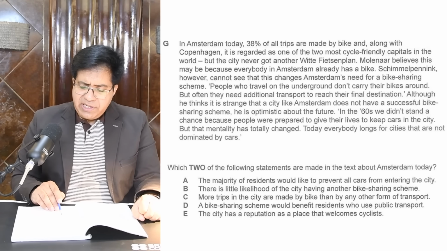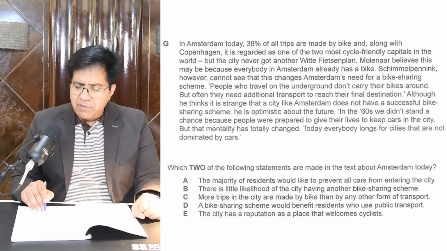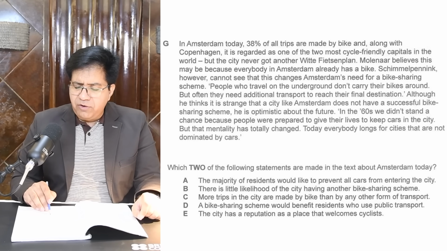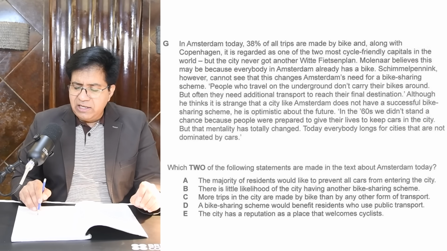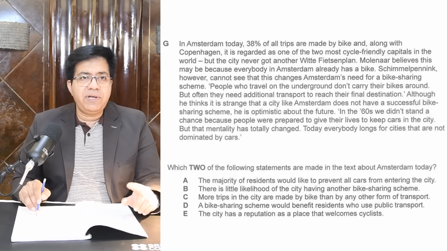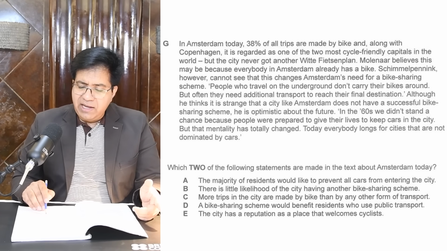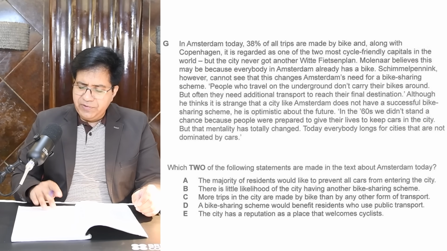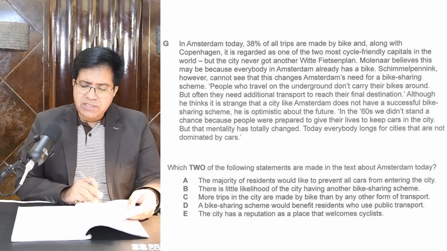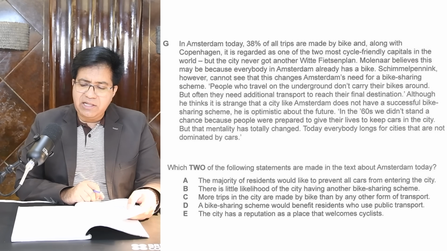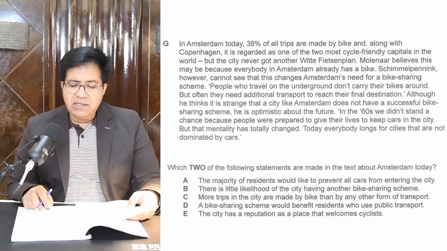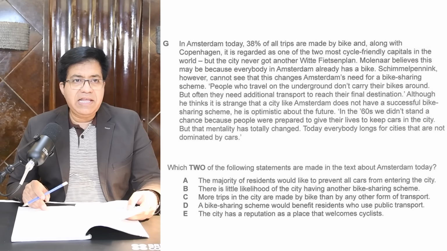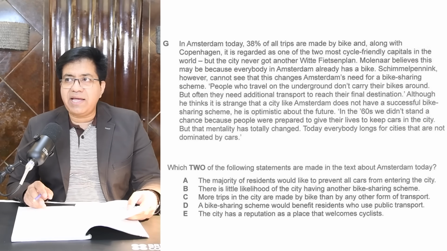Okay, in Amsterdam today, 38% of all trips are made by bikes, and along with Copenhagen, it is regarded as one of the two most cycle-friendly capitals. Copenhagen and Amsterdam, they are underlined, cycle-friendly capitals in the world. Do we have any option? Cycle-friendly capital in the world. Capital means city. Cycle-friendly means a place that welcomes cyclists.